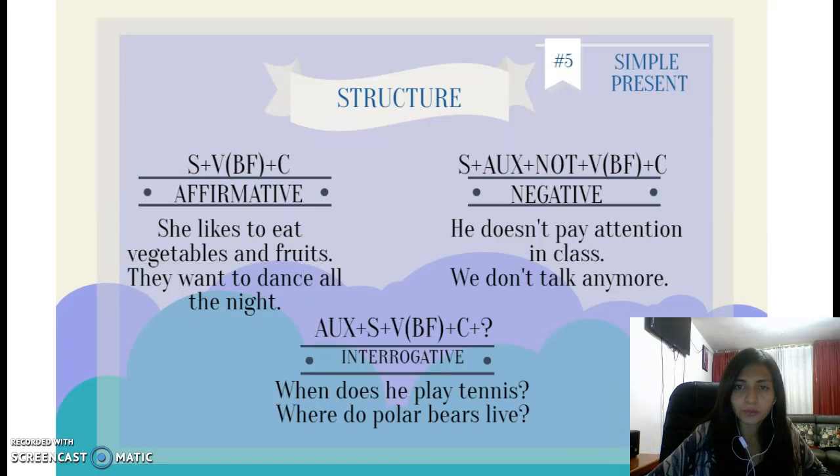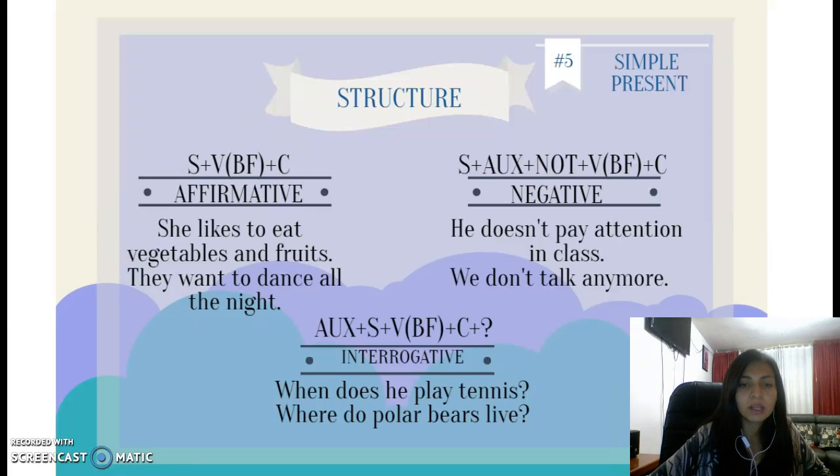With the negative form, we have the subject plus the auxiliary plus not plus the verb in basic form plus the complement. So the examples are, he doesn't pay attention in class, and we don't talk anymore. In this case we have to use doesn't, that is for he, she, it, and don't, that is for we, they, you, and I. And we have the interrogative.